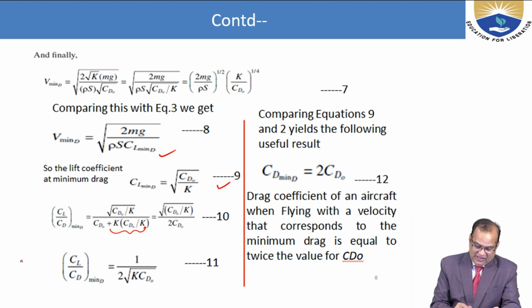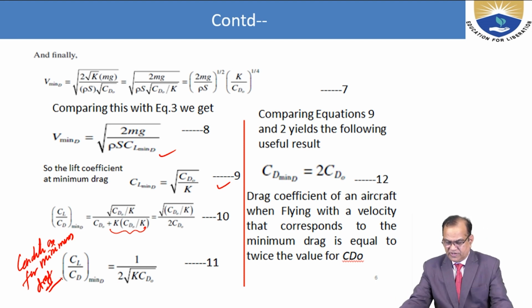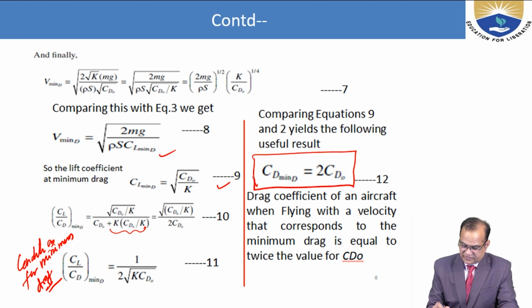So this is the condition for minimum drag. Comparing equations 9 and 2 yields that CD minimum is equal to 2 CD naught.